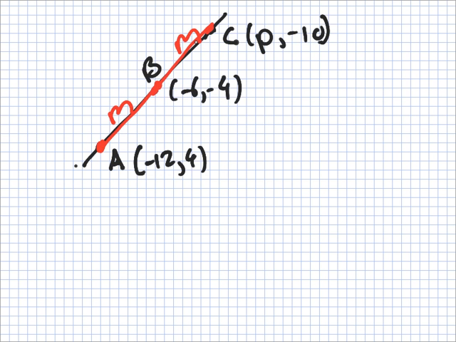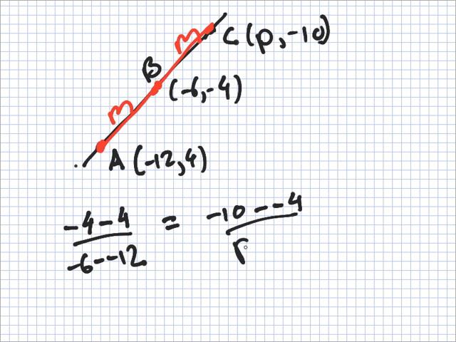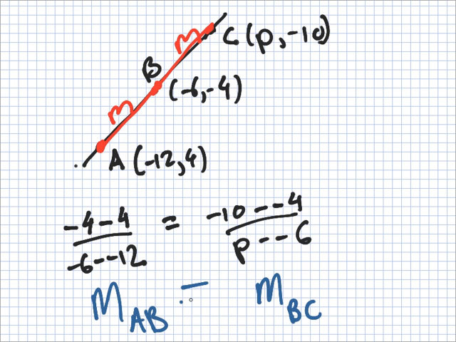So, let's look at A and B. y2 minus y1 over x2 minus x1. That should equal -10 minus -4 over p minus -6. You're saying that this is the slope between B and C, and this is the slope between A and B, and they should be equal.